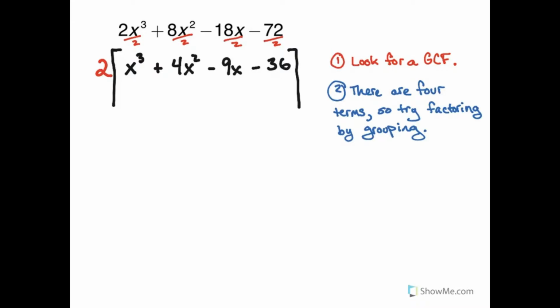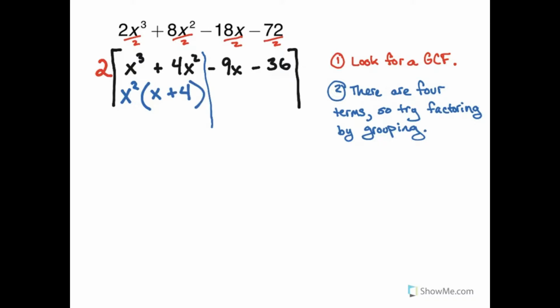When you have four terms, it's a good idea to try factoring by grouping. So I'm going to cut this polynomial in half. In the first half, I have x cubed and 4x squared, so I'm going to factor out x squared. That leaves me with x plus 4.